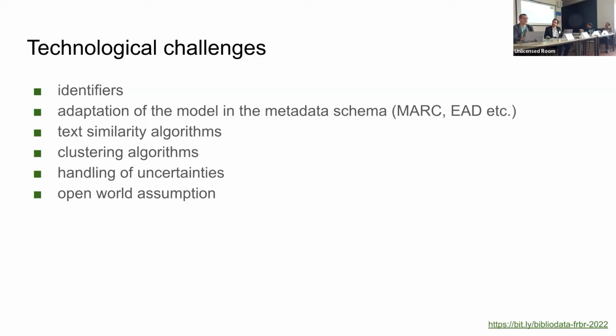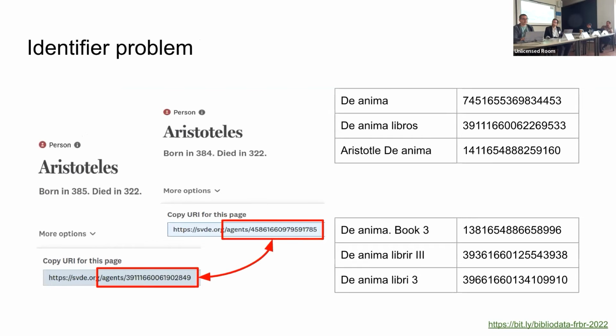And also, we should build on the formal logic's open world assumption that we might have information which does not fit into the model, so we should be able to extend our model. And also in this model, there might be contradictory statements.